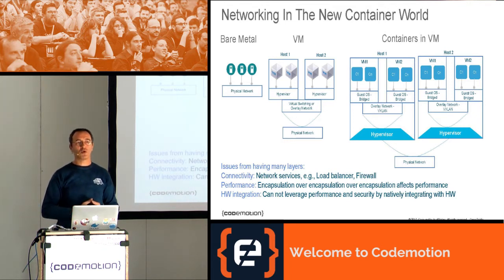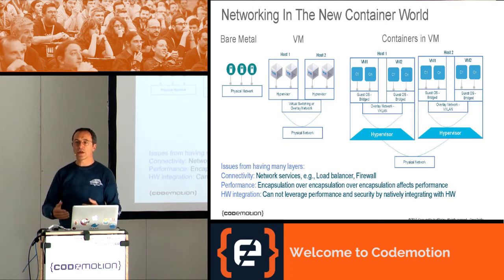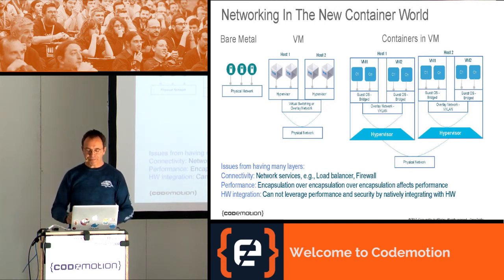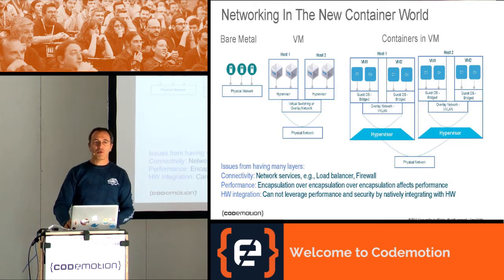And sometimes you have specific hardware with very advanced features that you cannot leverage when you are running on top of the three layers of networking. So we should try to make this complexity easier to manage, and Contiv is a solution for that.